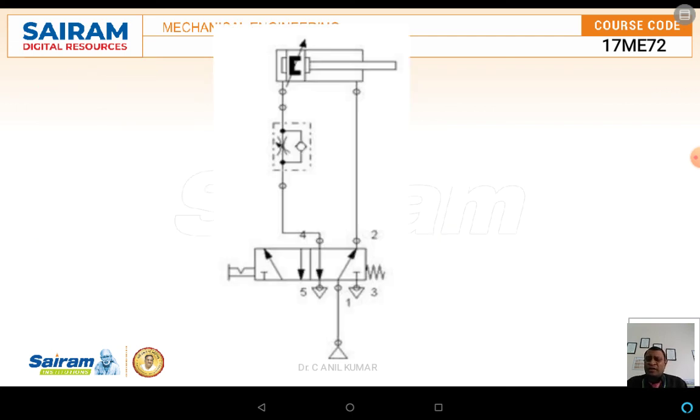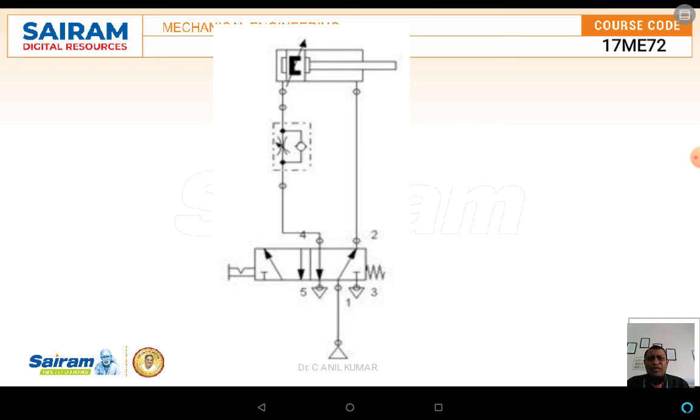Now, the schematic diagram shows the supply air throttling. See here, it consists of the DCV valve. This DCV valve is in turn connected to a one-way flow control valve. This one-way flow control valve also consists of the throttling valve and the check valve.